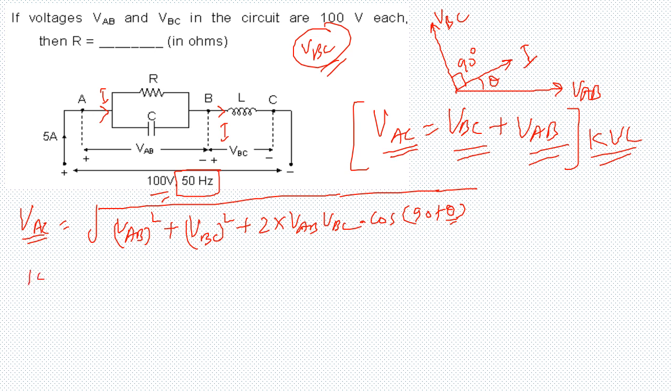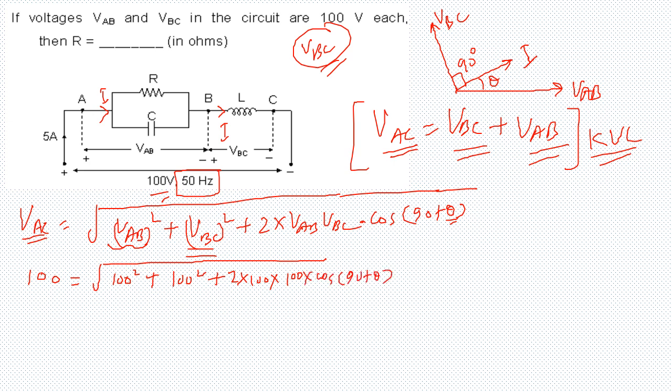VAC we already know is 100, equal to the square root of 100 squared plus 100 squared plus 2 into 100 into 100 into cos of (90 plus theta). If you solve this, you get theta as 30 degrees. So the current leads the voltage phasor VAB by 30 degrees.